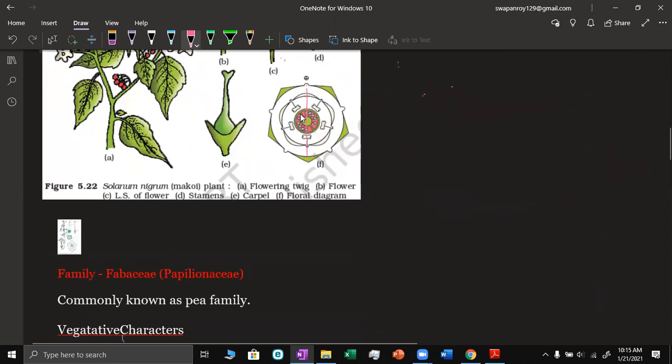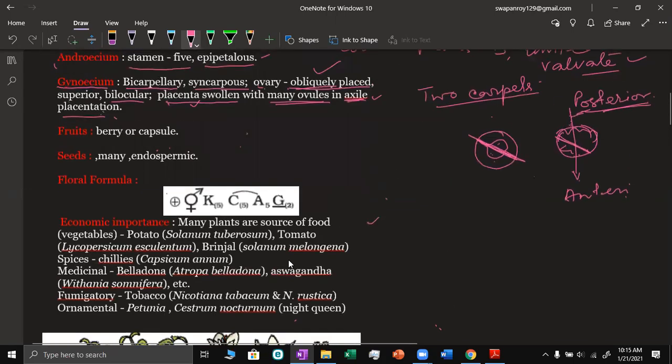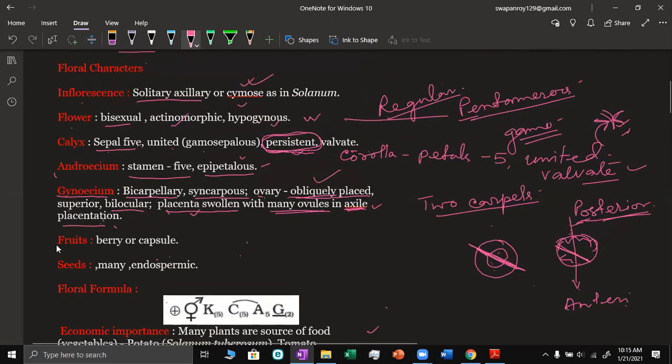Here you can see this is the partition line, but the green portion is forming a mass. So swollen placental tissue. These are important. Fruit is berry or capsule, seeds many, and endospermic. Endospermic is also known as albuminous.